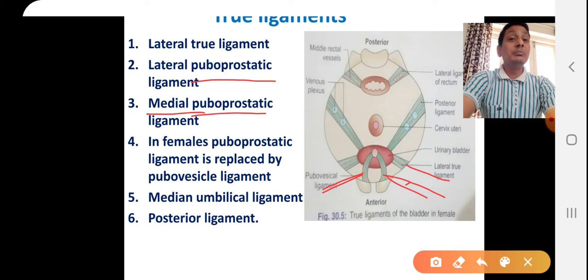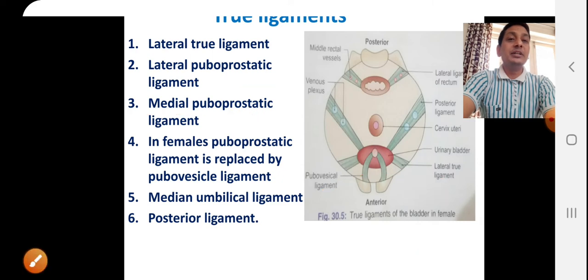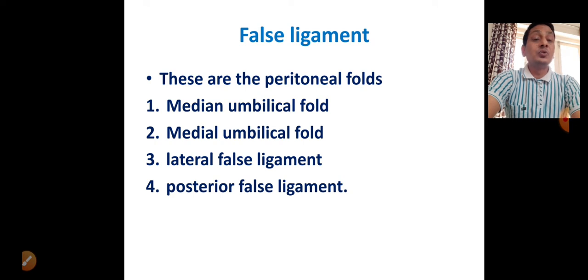Then, only in the male, the lateral and medial puboprostatic ligaments, and in the female the puboprostatic ligament is replaced by the pubovesical ligament. Then the median umbilical ligament and the posterior ligament are the true ligaments of the urinary bladder. Then the false ligaments, which are folds of peritoneum.